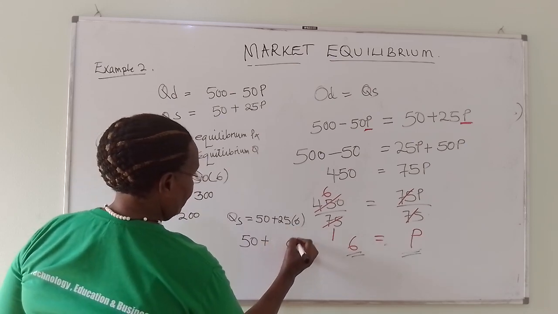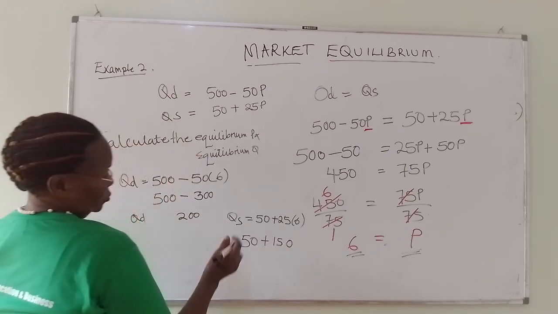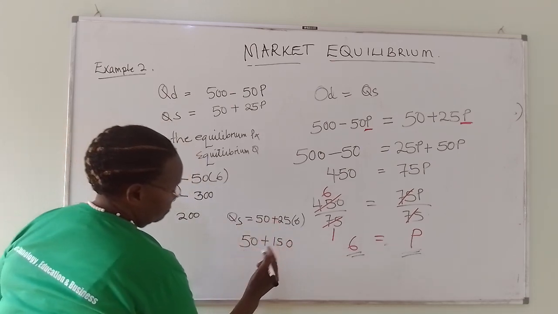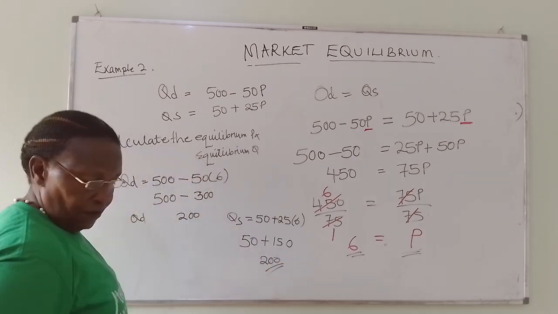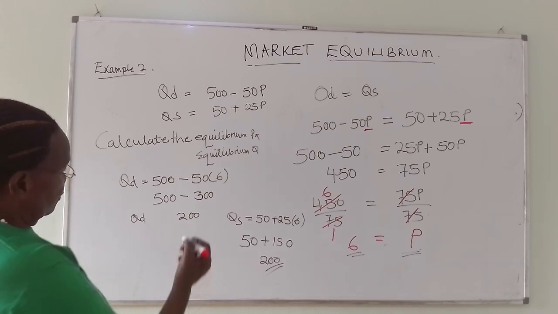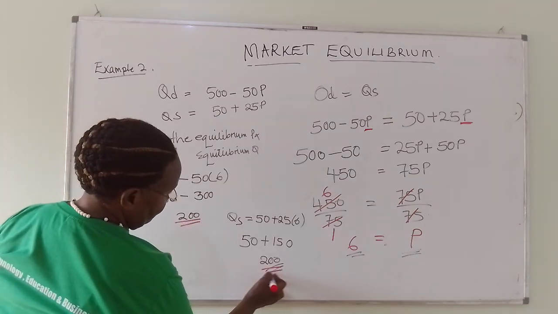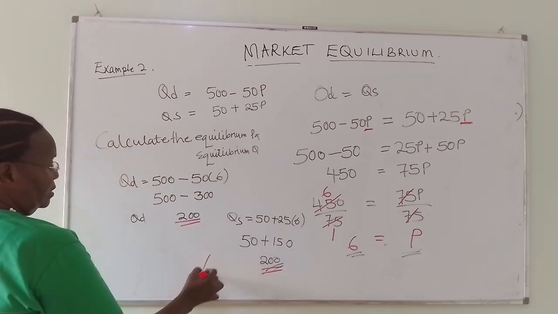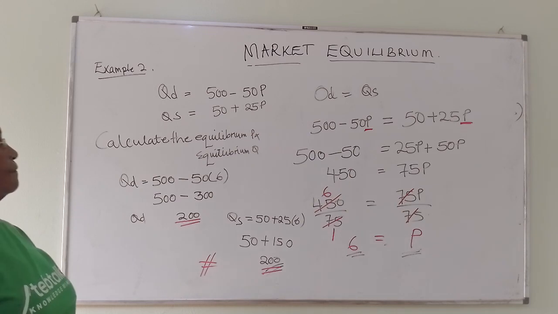We have our 0 there, we have our 12 there, and it becomes 150. So quantity supplied is 50 plus 150, which is 200. And we find that by virtue of the fact that we are in equilibrium, quantity demanded, 200, is the same as the quantity supplied, which is 200, and that is quite easily done.